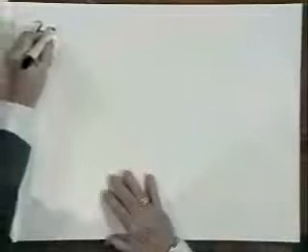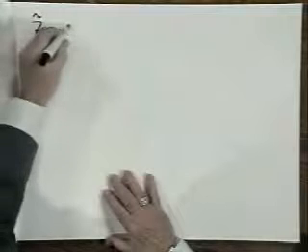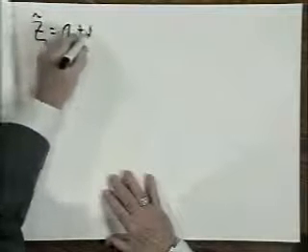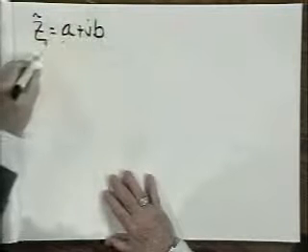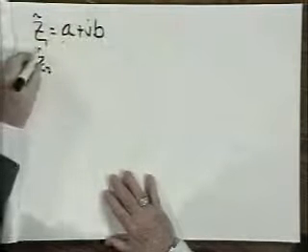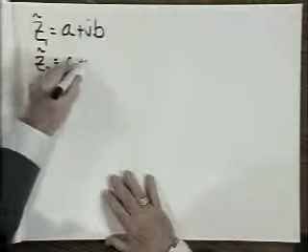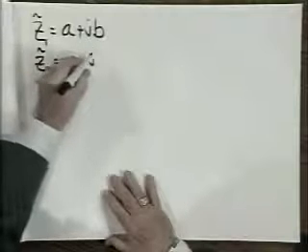z1 is a plus jb. z2 is equal to c plus jd.